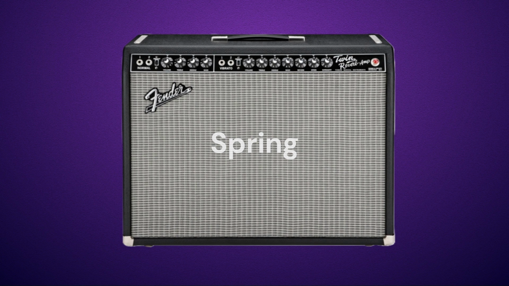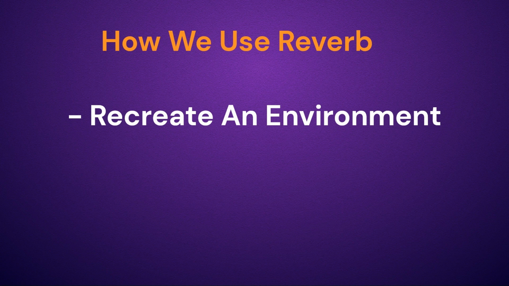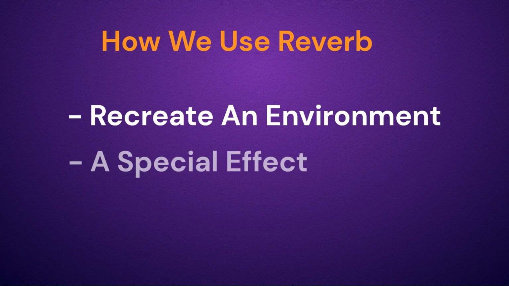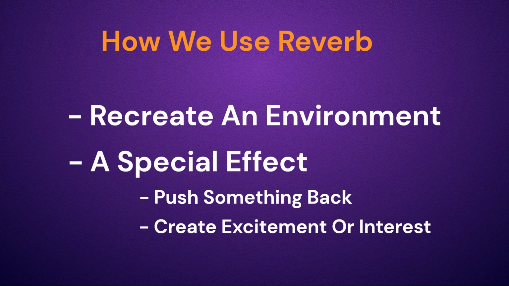So to wrap that up, generally speaking, we want to use reverb to recreate a particular environment, or we want to use it as a special effect to push something backward in a mix, or to create some excitement, or to make something sound larger or perhaps more exciting.